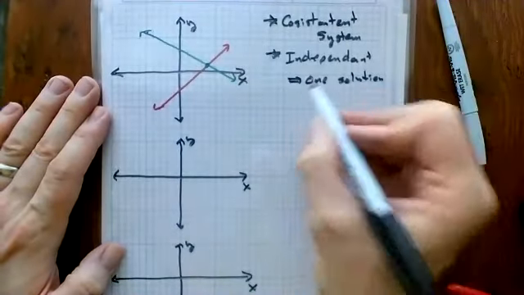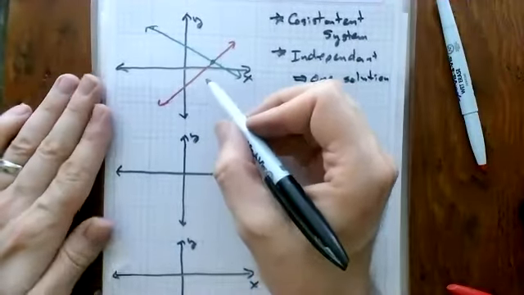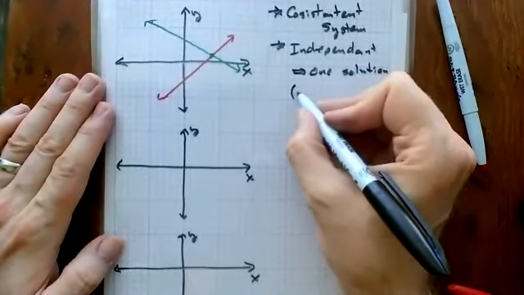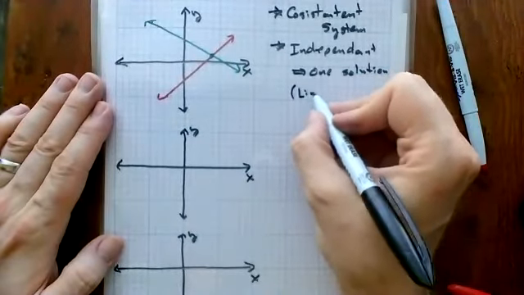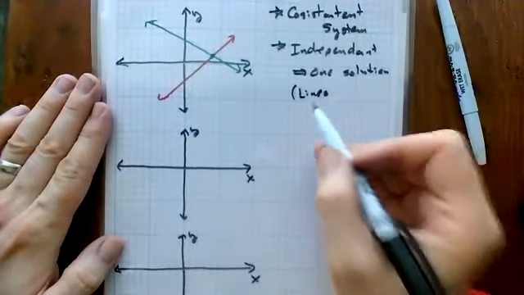And one thing that I want you to note is anytime I've got lines with different slopes, they at some point will meet.